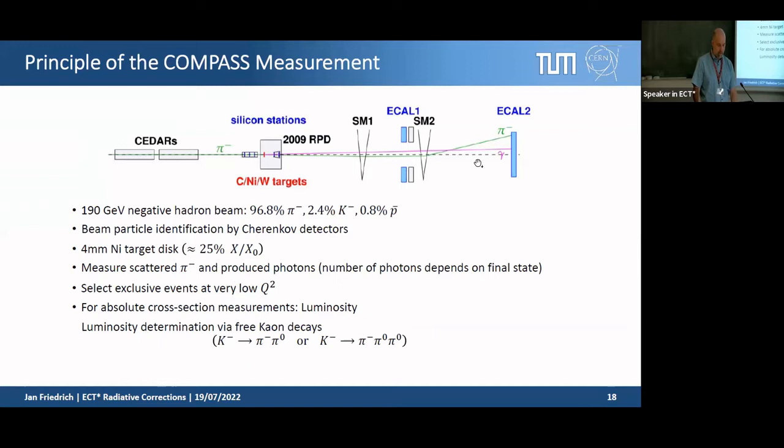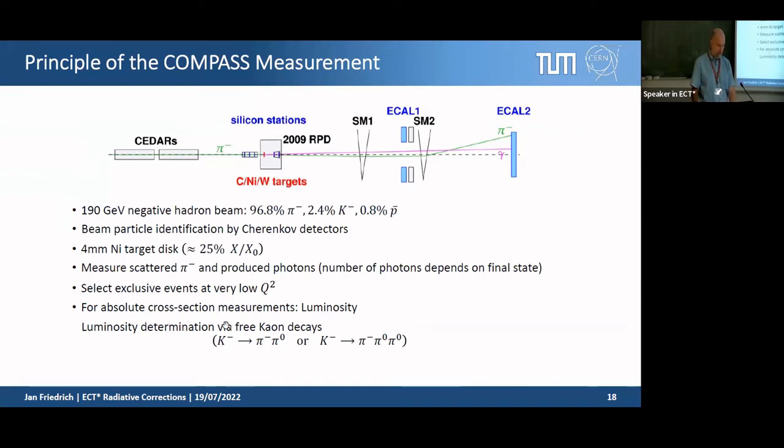And then in the spectrometer, the pi minus is measured with high precision, its momentum and direction, and the produced photon in a calorimeter with about 30 microrad angular resolution. And this allows to select events at very low Q square.